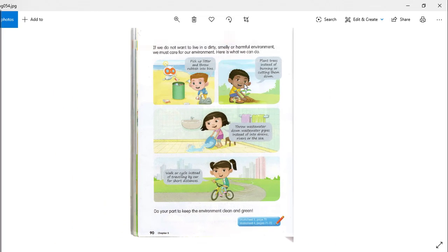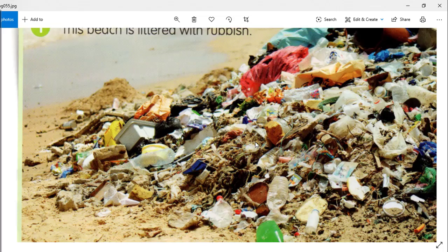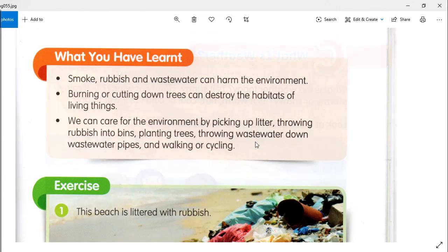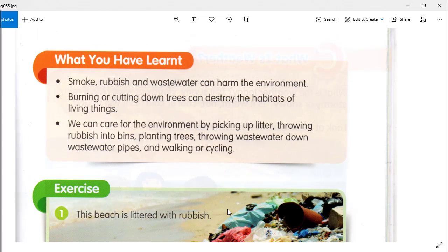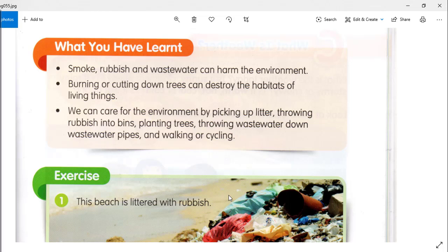Let's try to look at next page, page 91. So look at this. Look at the top of the page. So what you have learned over here? Smoke, rubbish, and wastewater can harm the environment. It is because it is harmful and poisonous. So that's why it can harm the environment.